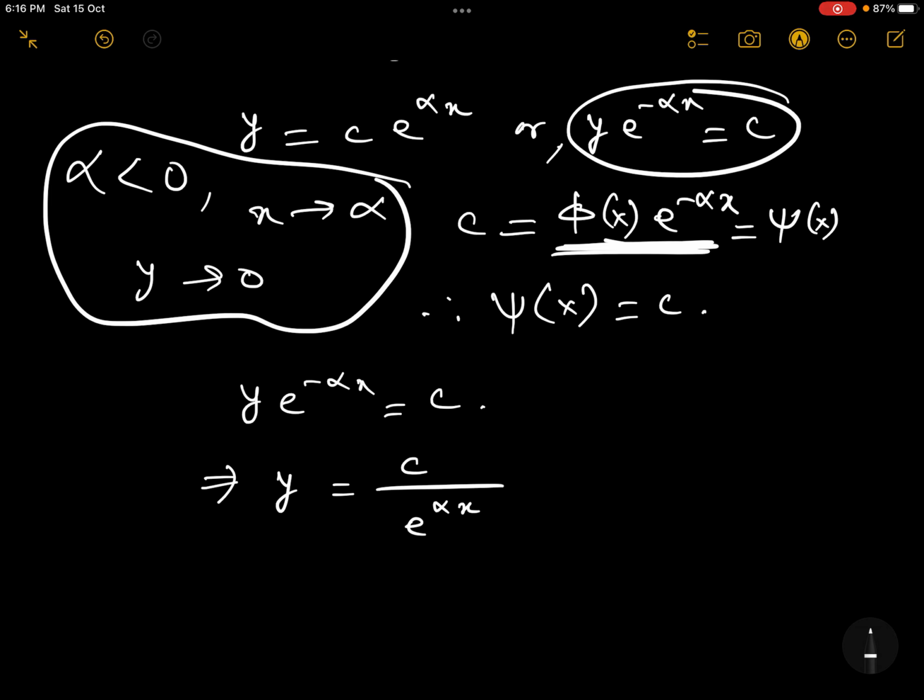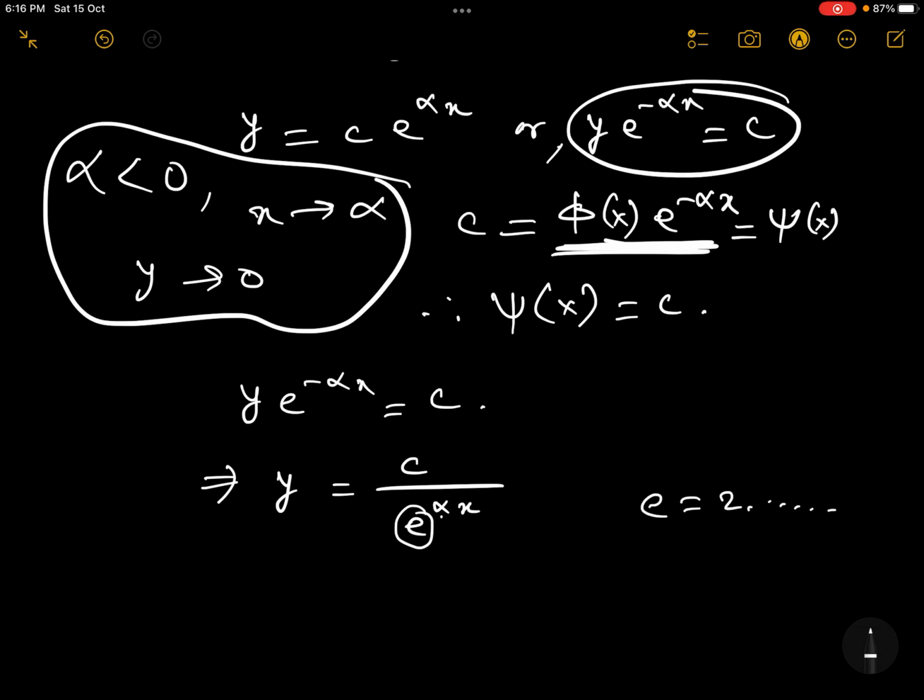Okay, since alpha is negative, e is 2 point something, and then this is in the denominator, okay, and alpha is negative, right?